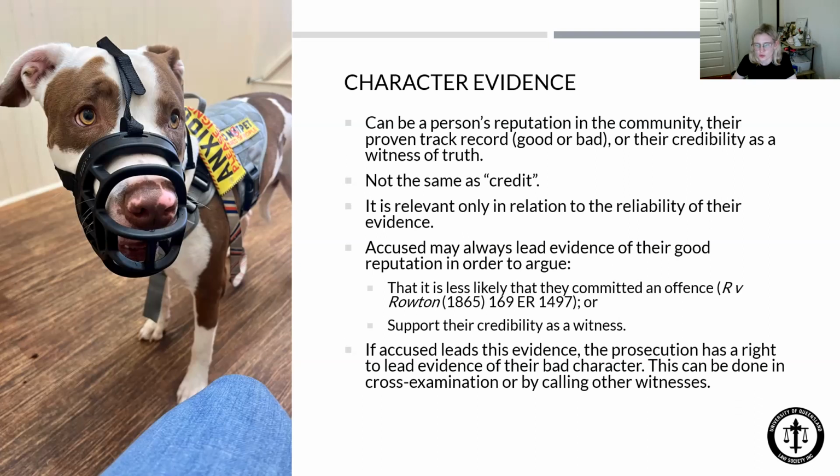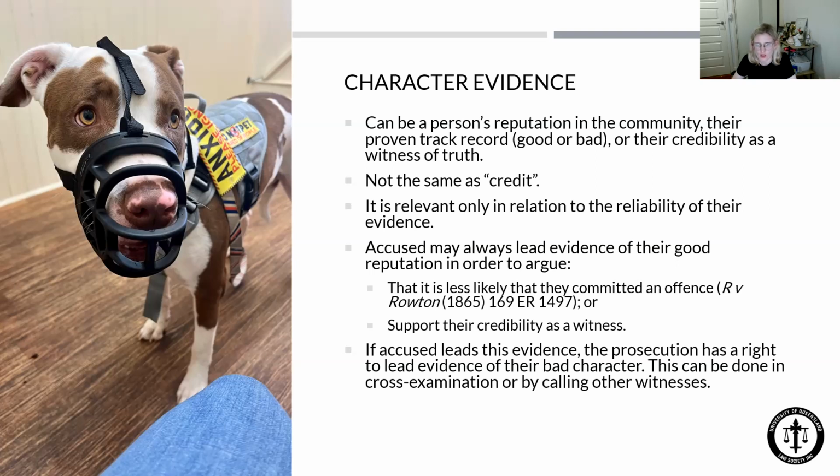Now, an accused person can, if they wish to, lead evidence of their good reputation to argue that it is less likely that they committed an offence, or to support their credibility as a witness.